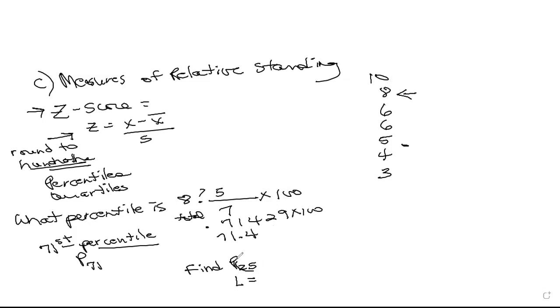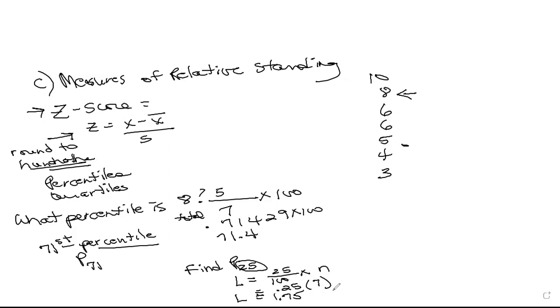Your locator number is your percentile over 100 times your total. What this does is turn your percentile back to a decimal. And then we said we had 7 numbers. So 0.25 times 7 gives 1.75.